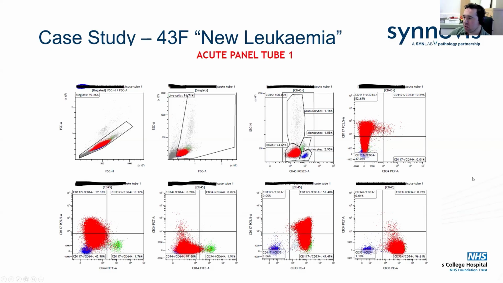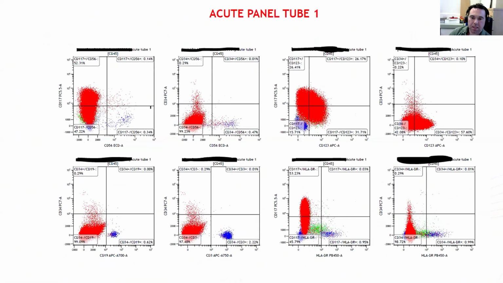Then further on from that, you can see that that red population, the blast population, is showing up as it has CD117 expression, it's CD34 negative, and what else is there? CD33 positive. So we would be inclined to think CD33 positive, it's probably a myeloid disease. 117 positive as well, it's probably myeloid.